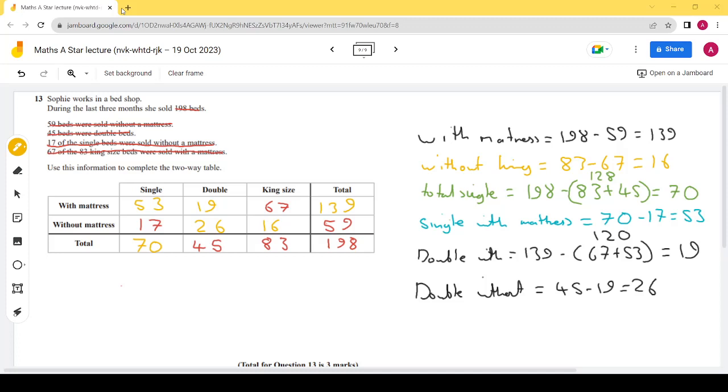What you could do as well is, for example, on a with mattress, just write underneath, say if you were doing total, 198 take 59 equals 139. So not write out all the other details, but just put in the sums you've done at each stage. But you would get the marks with just a table. I'm pretty confident of that.